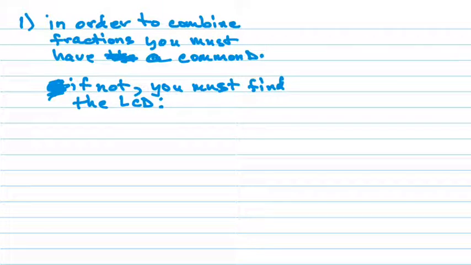Okay. Now, to find the LCD, I showed you this process before. And when I showed you this process before, I told you that I use a specific process, the upside down division. If you like it, use it.